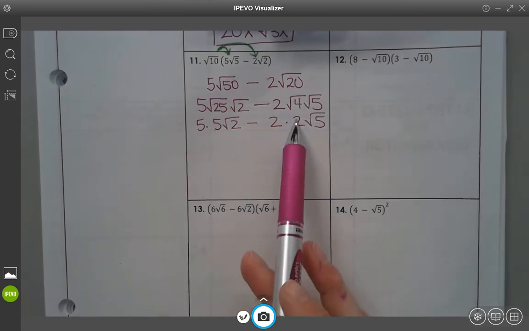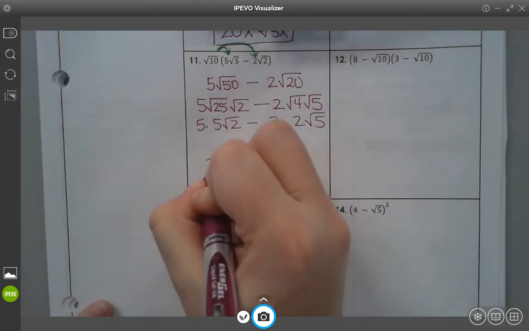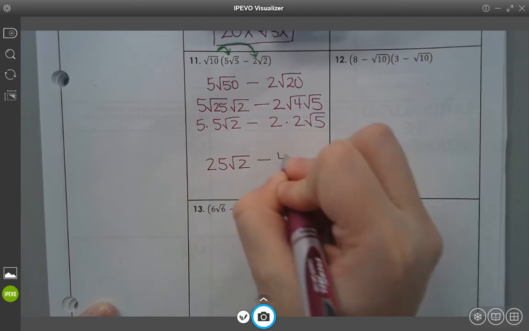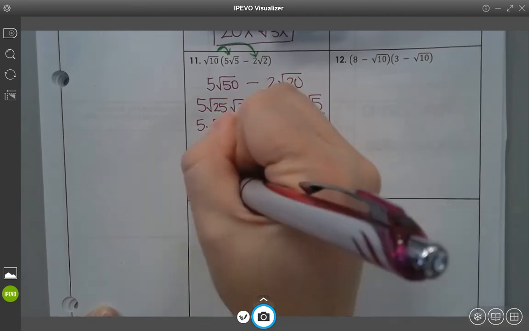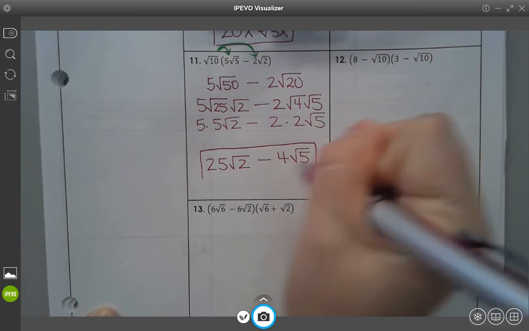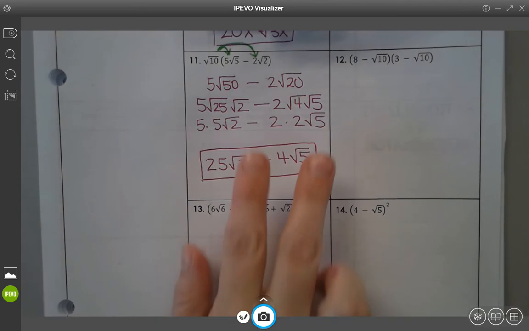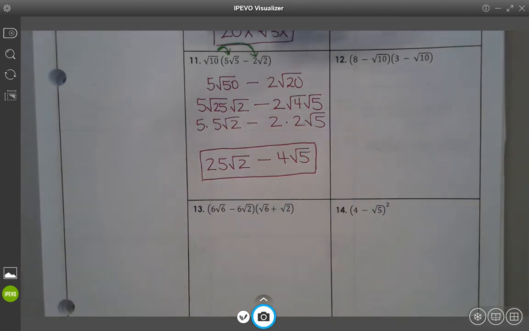Square root of 25 is 5, square root of 4 is 2. This would be 25 square root of 2 minus 4 square root of 5. And that's your final answer. Since your number under the square root is different, you can't do anything else with those two.